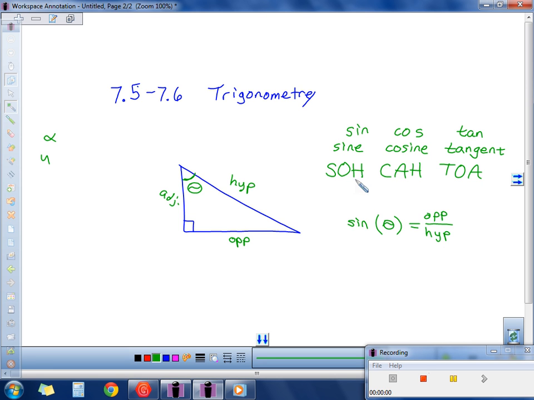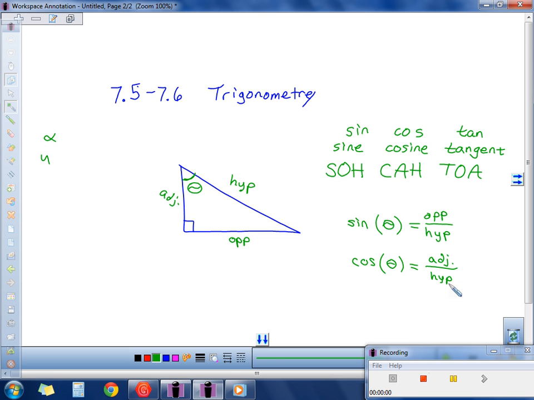Sine is opposite over hypotenuse. Cosine is done the same way. We're going to do cosine of theta. Cosine deals with A and H. Well, what did we say A represents? Adjacent. So we're going to have adjacent on top and H on the bottom again. So there are two of the three trig ratios.